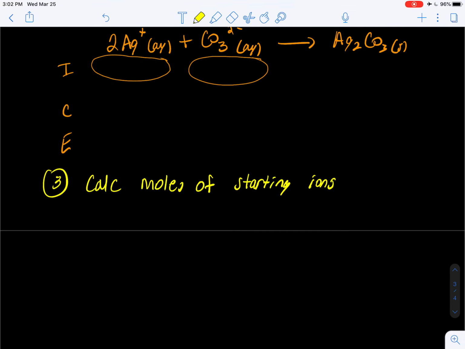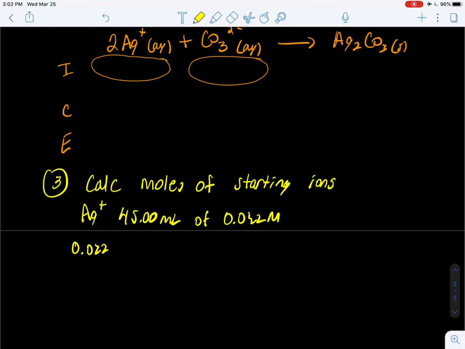So we have, for silver ion, recall again that we have 45 milliliters of 0.022 molarity.